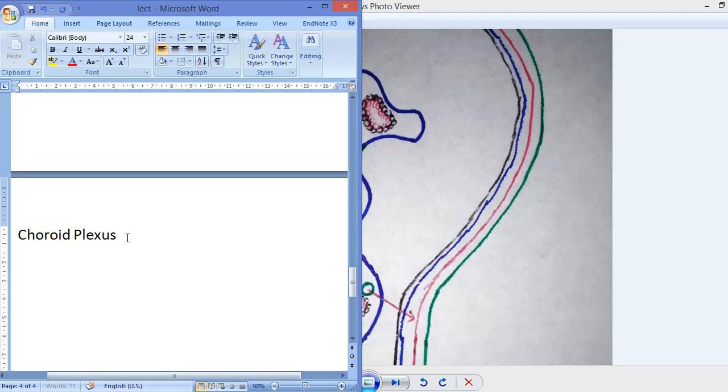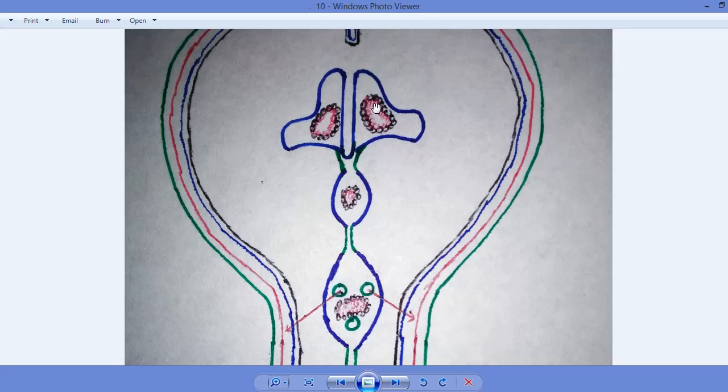So the choroid plexus is actually a bunch of capillaries, surrounded by the ependymal cells. The ependymal cells surround the bunch of capillaries, and this bunch of capillaries is called choroid plexus. The formation of the cerebrospinal fluid occurs in this bunch of capillaries.